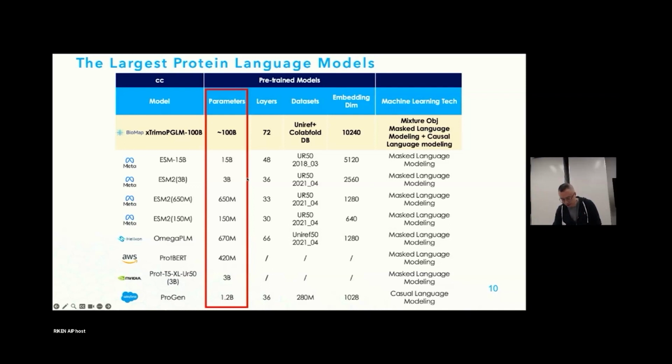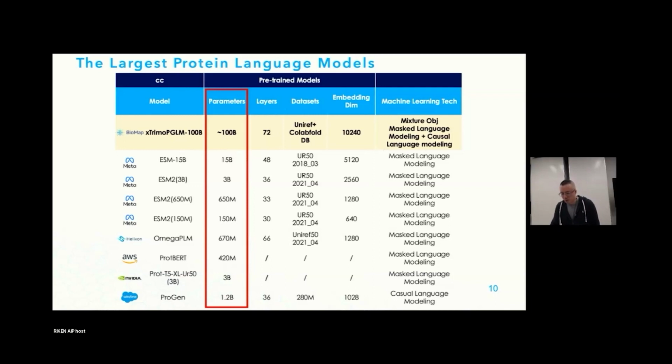So compared to the previous second largest model out there, which is the Meta 15 billion parameter model, we are almost doubling the number of layers, right? And the embedding dimension is also doubling, and in total, it has 8 times more parameters compared to the second largest model out there, right?